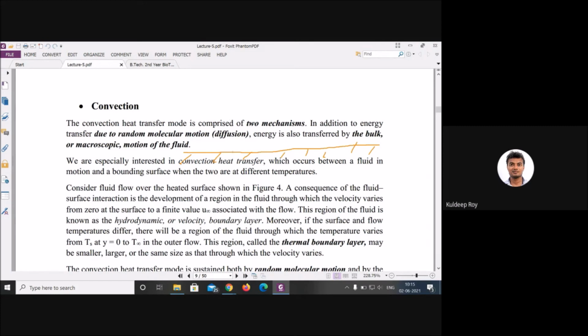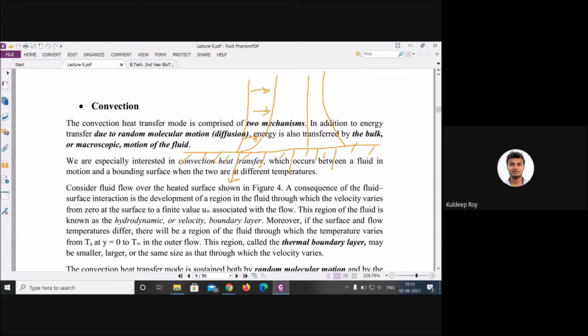When heat transfers, if you draw the velocity profile, it will look like this, correct? The velocity at the surface will be zero, but the temperature profile will be totally different, because this particular region has the higher temperature.